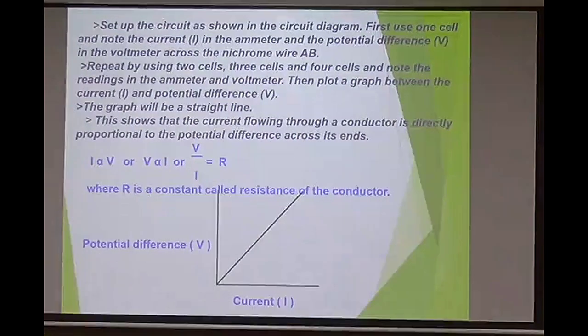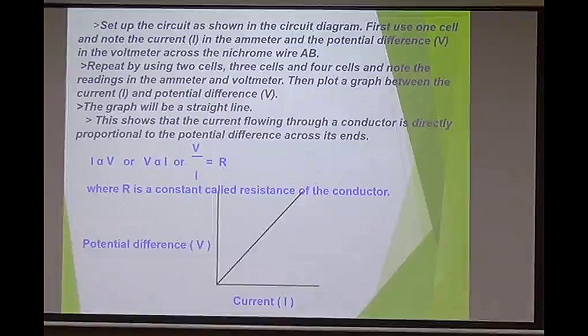So V is directly proportional to I, or V is equal to IR. Now R, capital R, is the proportionality constant, which is also known as the resistance of the conductor. So if you plot the graph, you can see here that the V versus I graph will be a straight line.